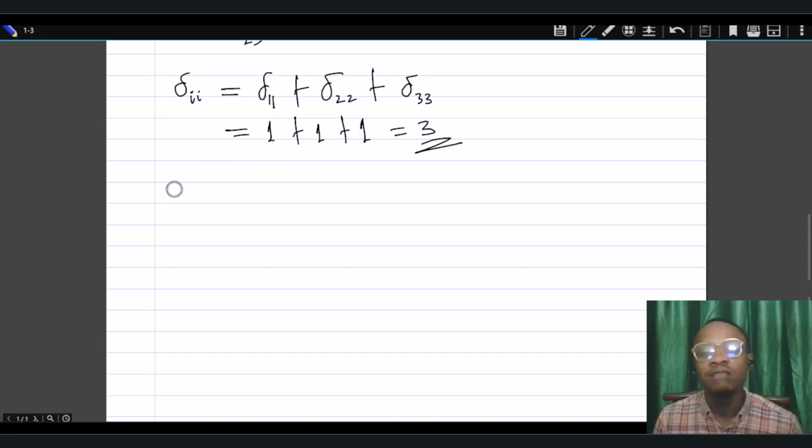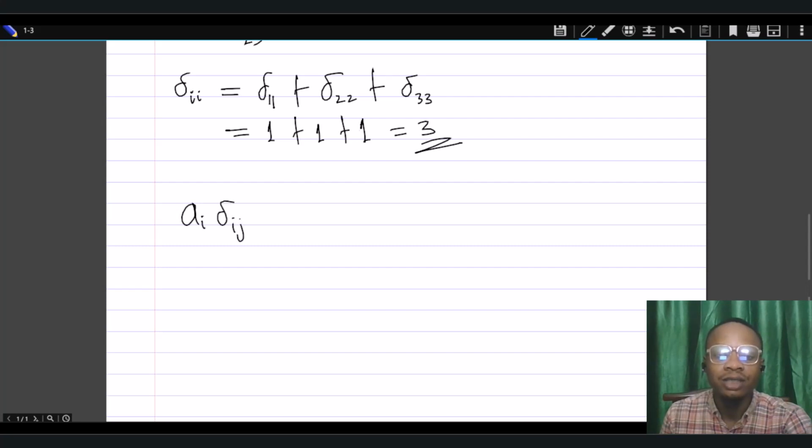Okay. Now, what if you have some other expression written with this Kronecker delta symbol. So for instance, let's say you have a i delta i j. What is the implication here? If you have a i delta i j, now pay attention. By the Einstein summation notation, we can see that i appears twice.